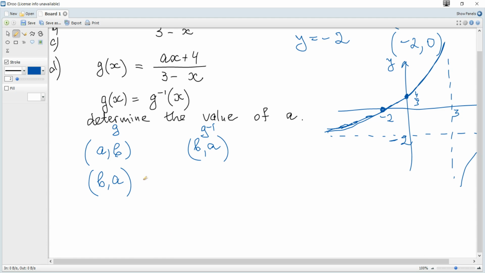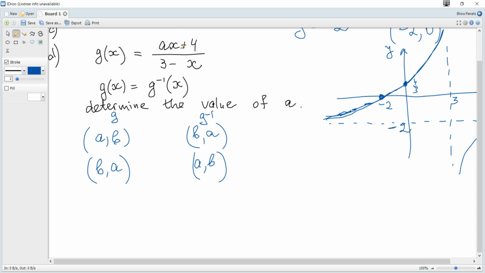And a, b should belong to its inverse. So if a function is self-inverse, such points a, b and b, a belong to the function and at the same time to its inverse. And we can use this property. How to use this?